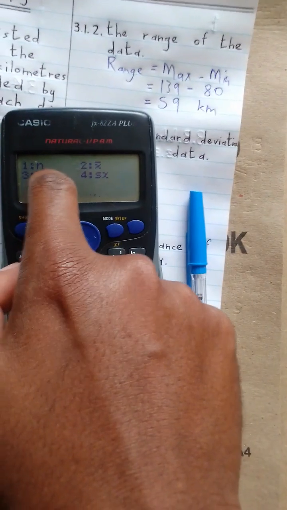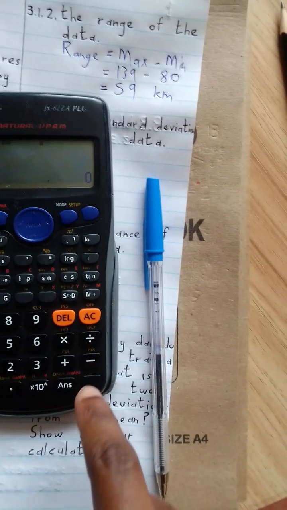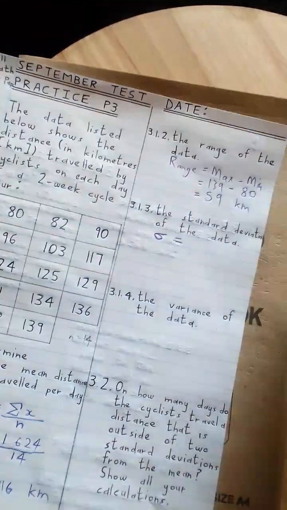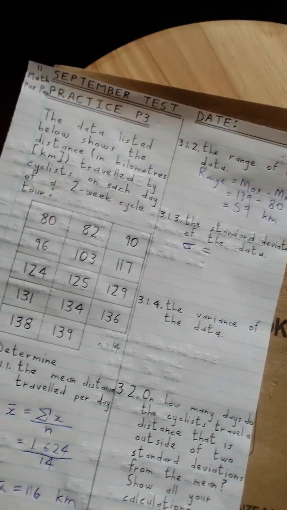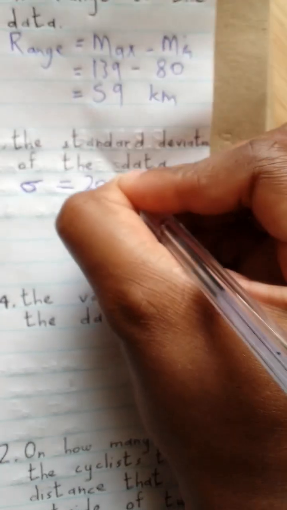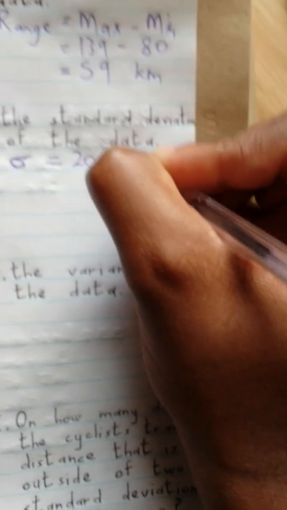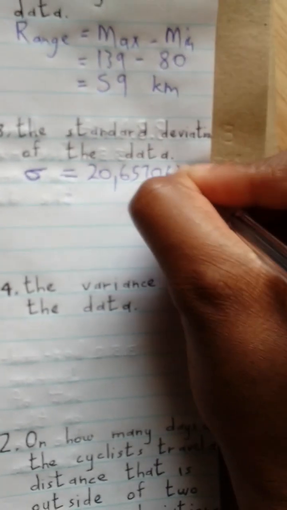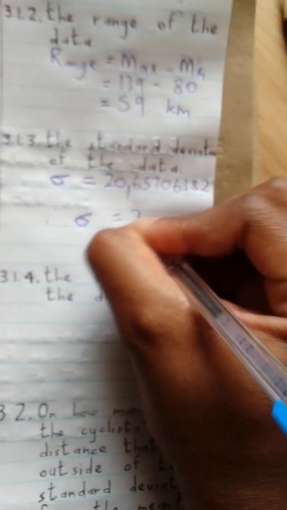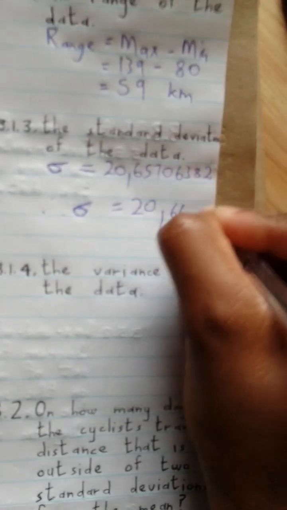Here it is 3, 20, 6570, 6382. To 2 decimal places, you can use decimal, you can say SD 20,66 kilometers.